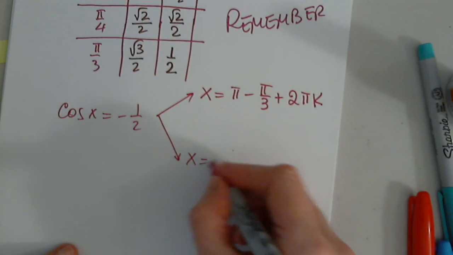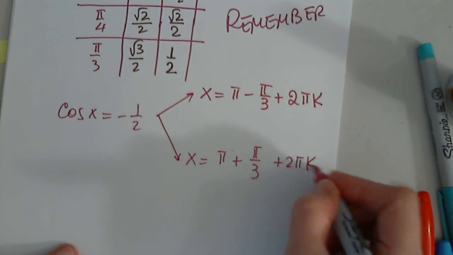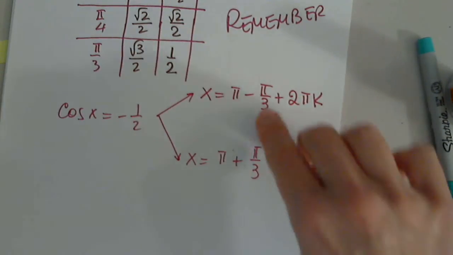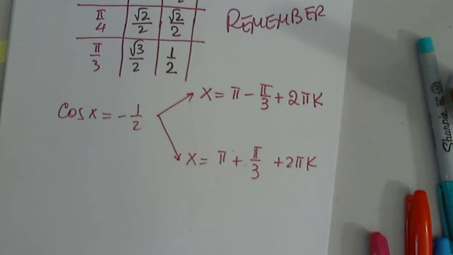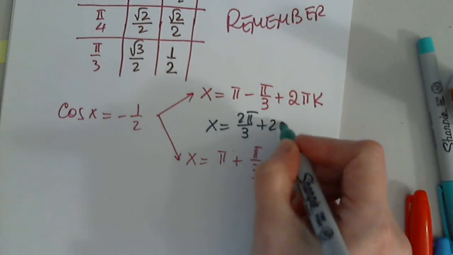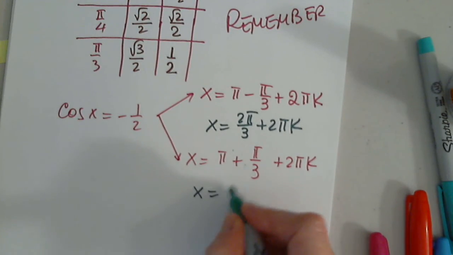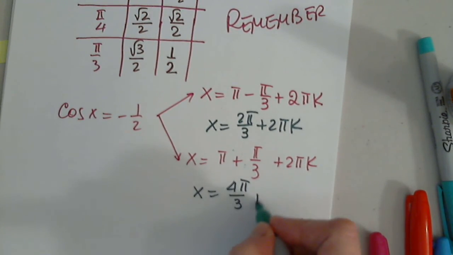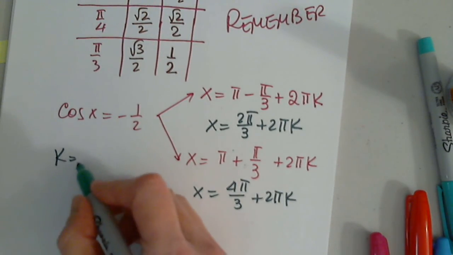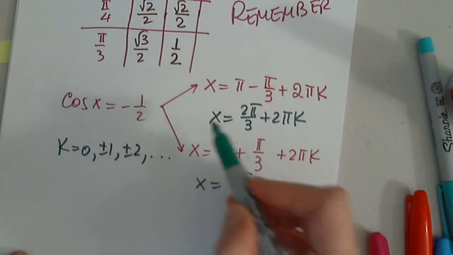And the second one is pi plus pi over 3 plus 2 pi k. And of course, I have to perform these operations. Remember 3 minus 1. So x equals 2 pi over 3 plus 2 pi k, and 3 plus 1, x equals 4 pi over 3 plus 2 pi k. Of course, I have to explain k: 0, plus or minus 1, plus or minus 2 and so on.